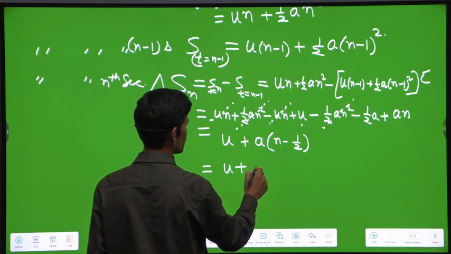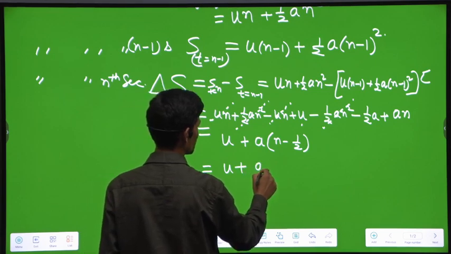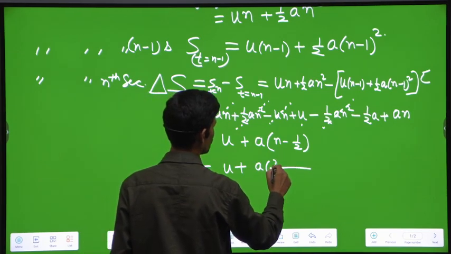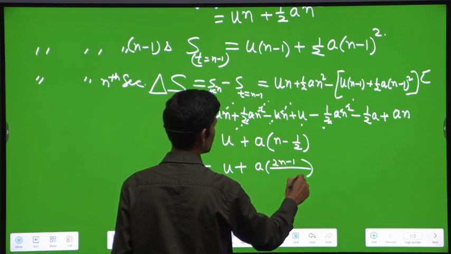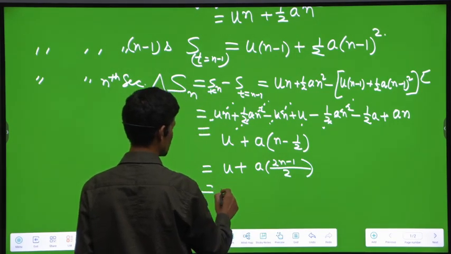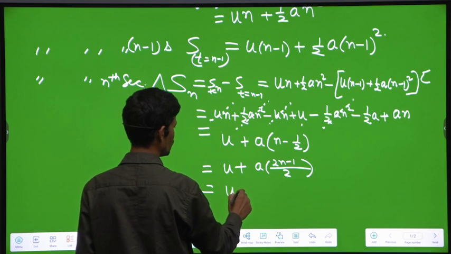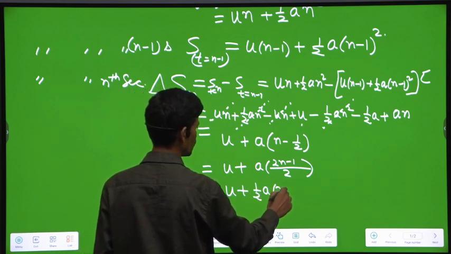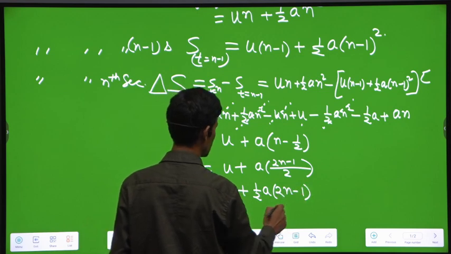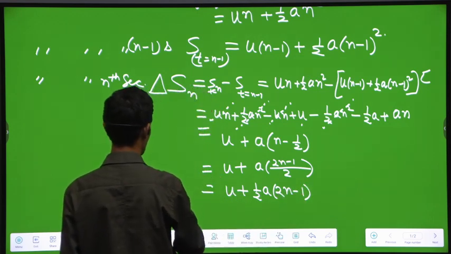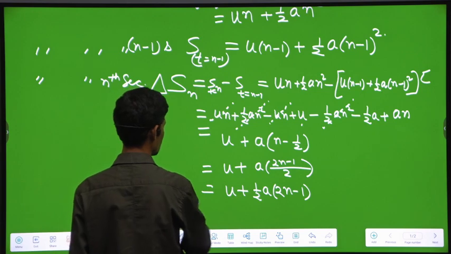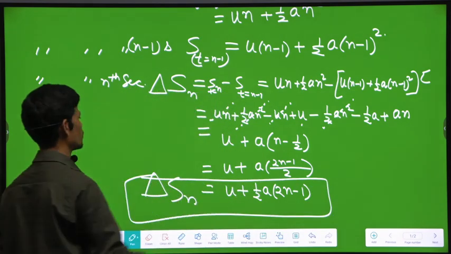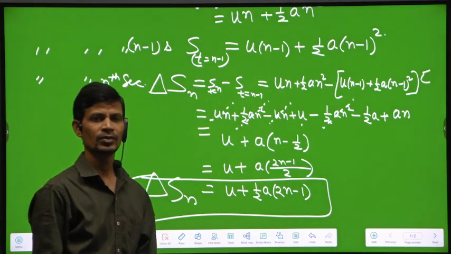U plus a into 2n minus 1 by 2. So u plus half a into 2n minus 1. Here it is. That's all.